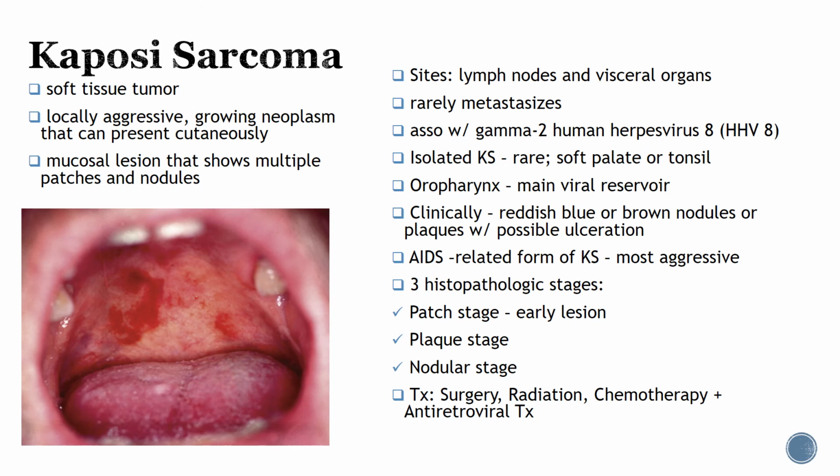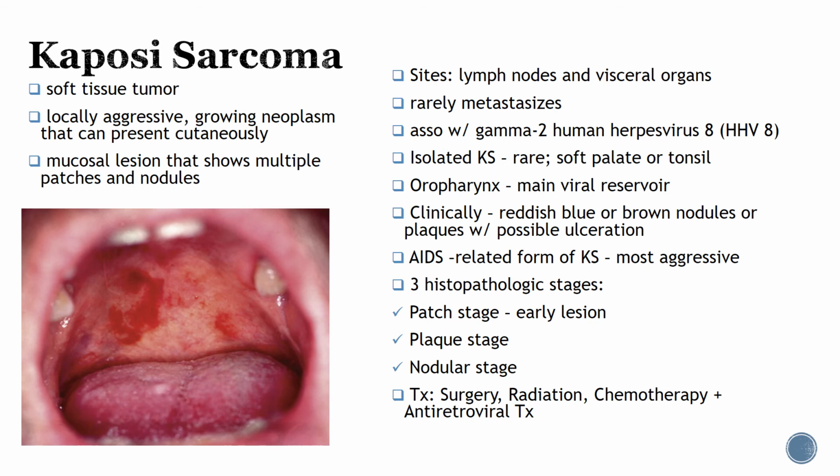The oropharynx has been considered to be the main viral reservoir, which may contribute to the human herpesvirus 8 in saliva. Clinically, this presents as reddish blue or brown nodules or plaques with possible ulceration. The AIDS-related form of Kaposi sarcoma is the most aggressive form.